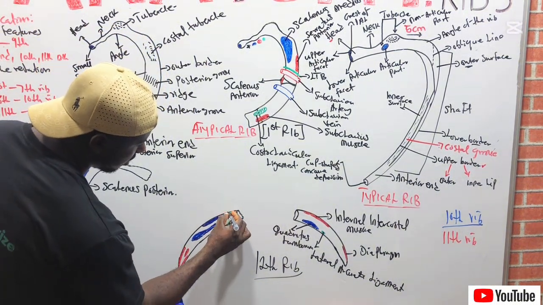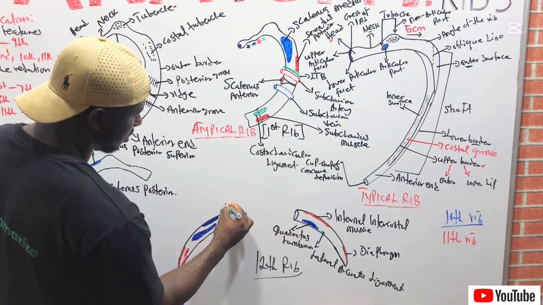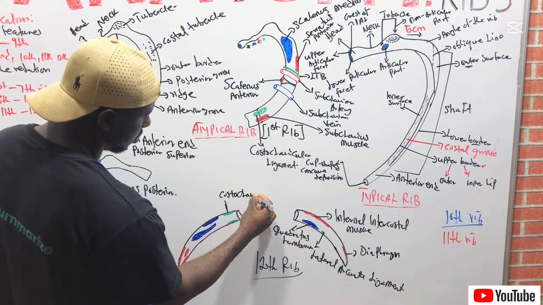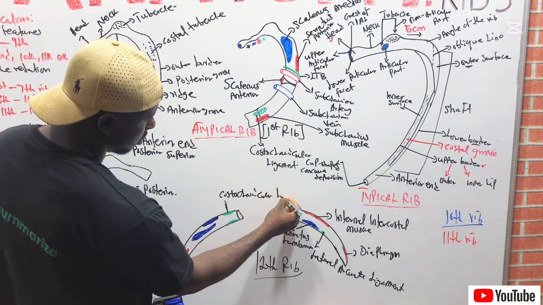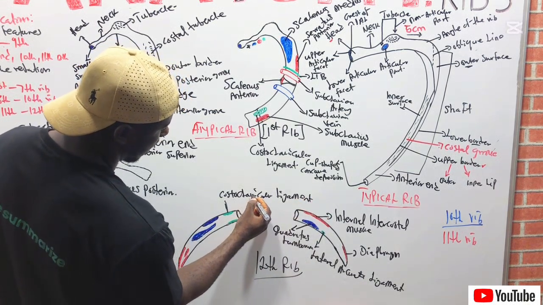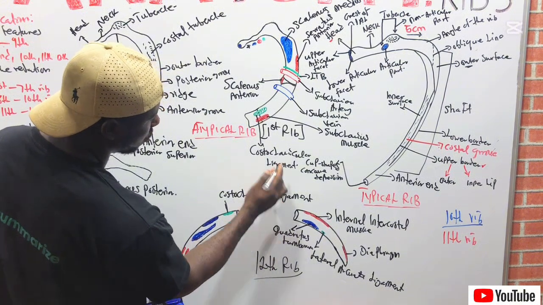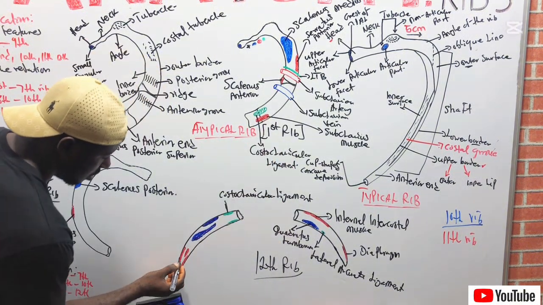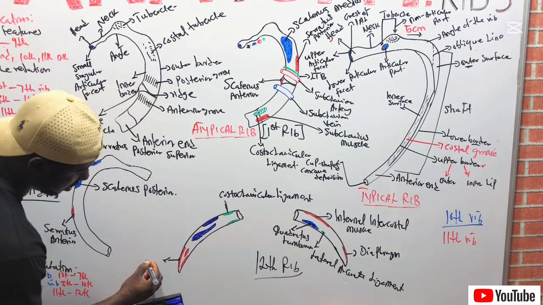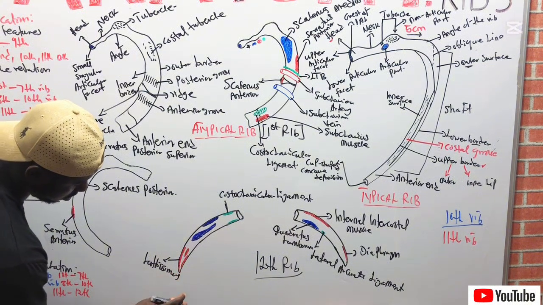This is the costoclavicular ligament. Look at it here. This is latissimus dorsi.